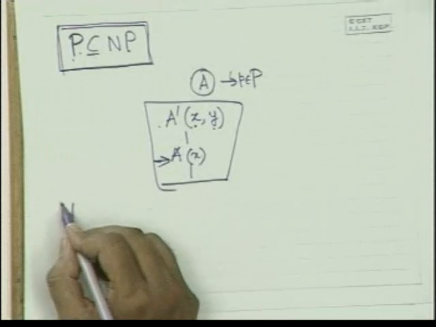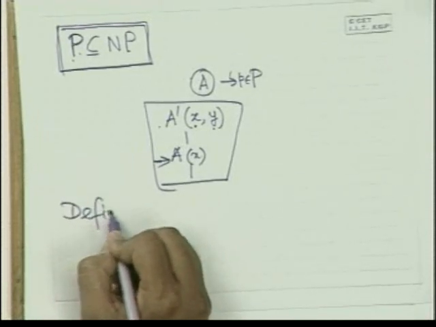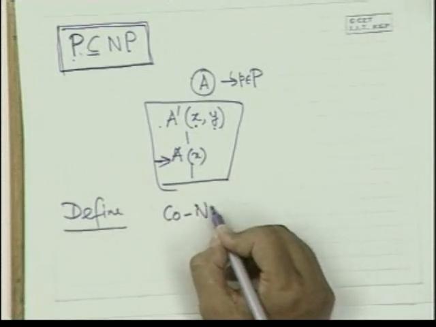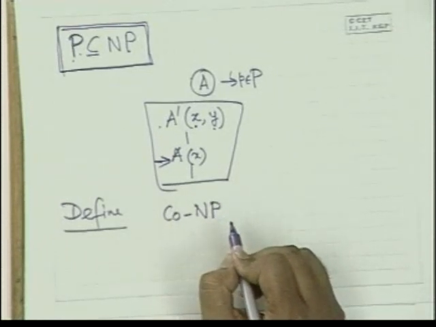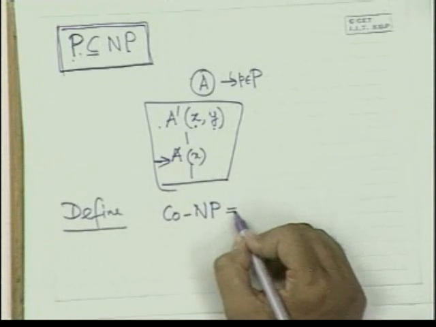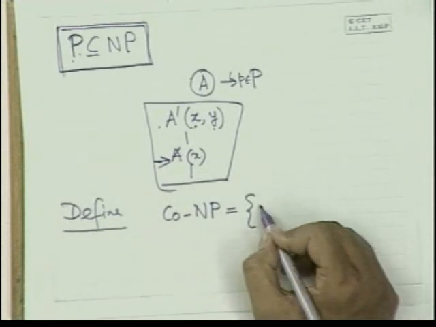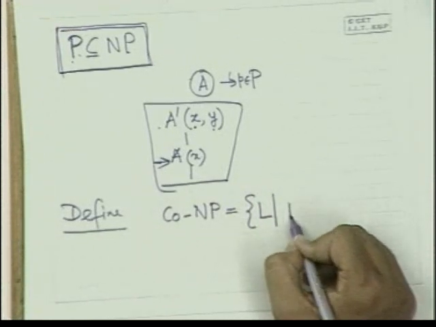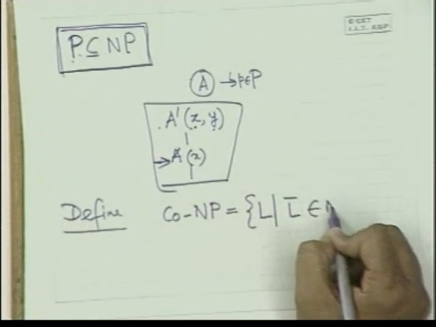Now let us define another class like this. We say co-NP, the complement of NP. Co-NP is basically the set of all problems or all languages where the complement belongs to NP.